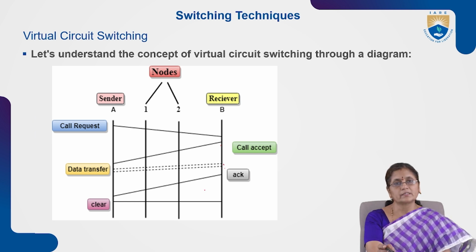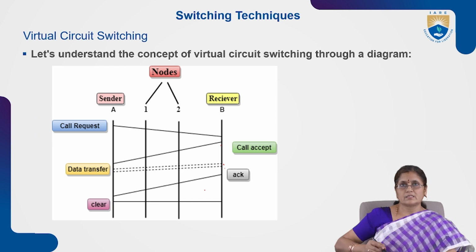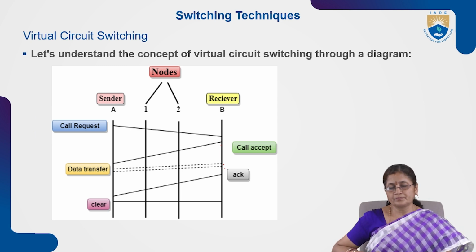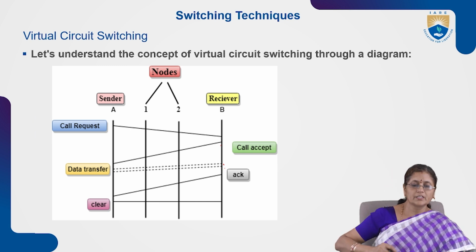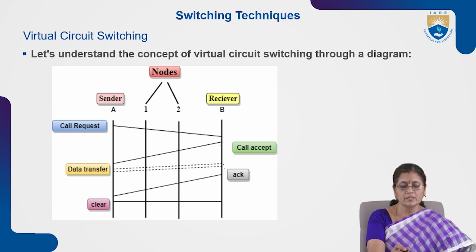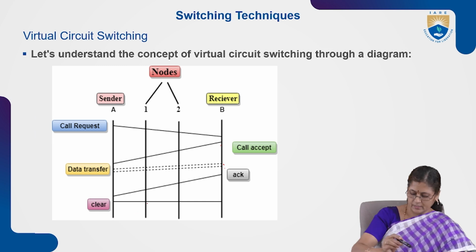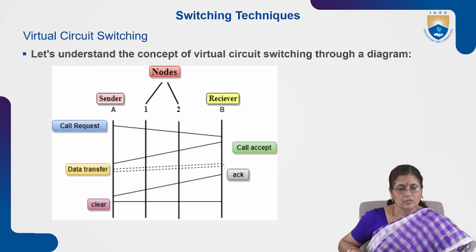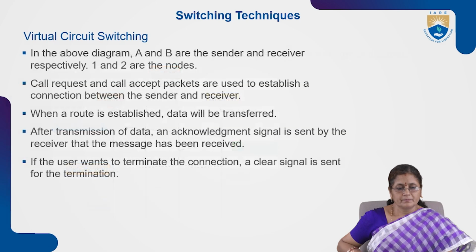Then the path is cleared. After every data transfer, the path has to be cleared always. So disconnection of the circuit takes place.